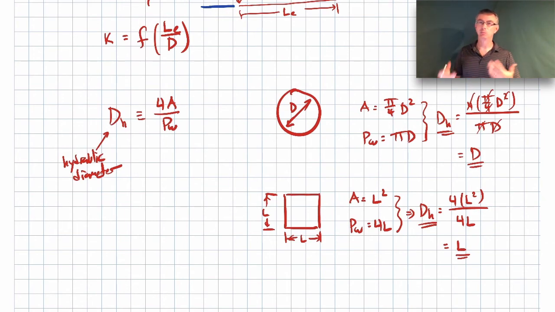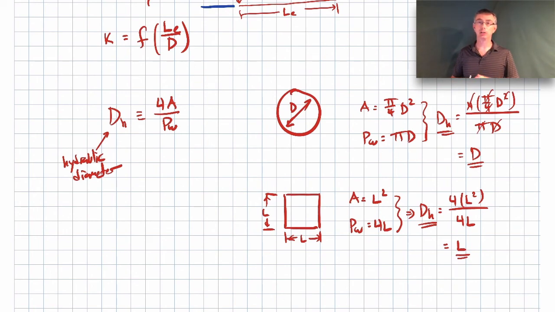Then you start getting what are known as secondary flows in there, and the correlations don't work very well in that case. But as long as you have an aspect ratio that's not too extreme, maybe an aspect ratio greater than 3 or 4, something like that, then we can use this concept of the hydraulic diameter and still use our extended Bernoulli equation and the Moody chart and everything, just like you would for a circular duct.